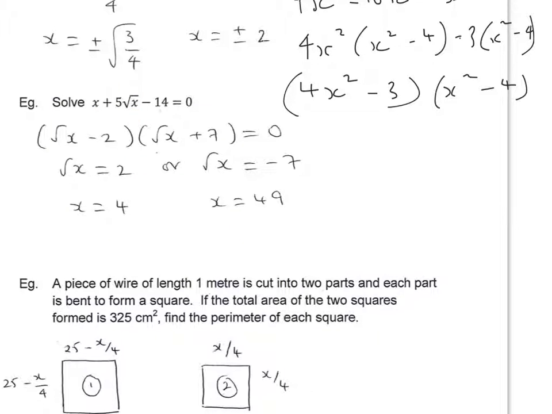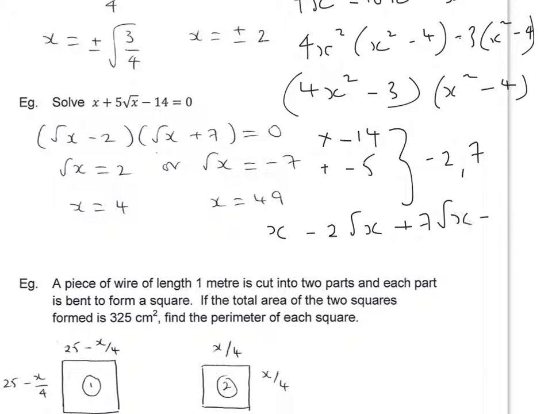So, same principles apply. I'm looking for numbers that multiply to give minus 14 and add to give minus 5, which means minus 2 and positive 7 are the numbers I need. Okay, so if we split up the middle term, I'll have x minus 2 root x, which was the second term, plus 7 root x minus the 14.